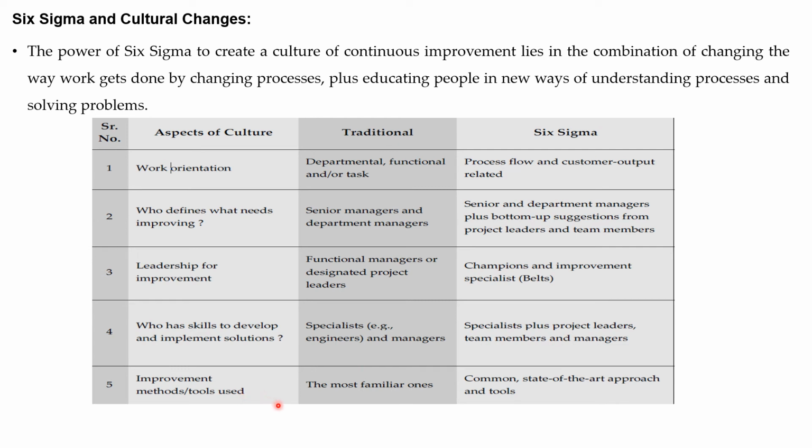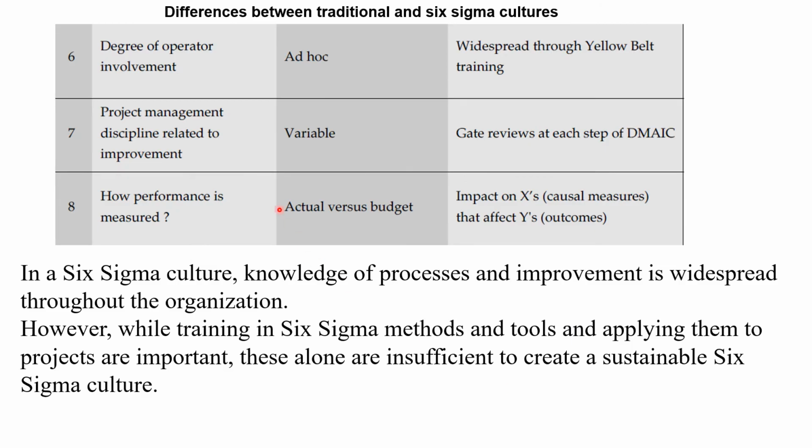For improvement methods, the most familiar tools are used traditionally. In Six Sigma, various Six Sigma tools like FMEA, QFD and so on are used. For the degree of operator involvement, an ad hoc method is followed traditionally, but in Six Sigma it is specific, starting from yellow belt training.